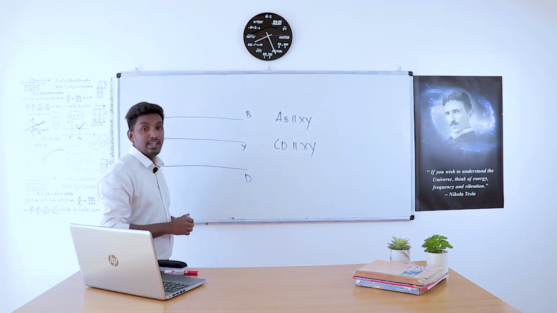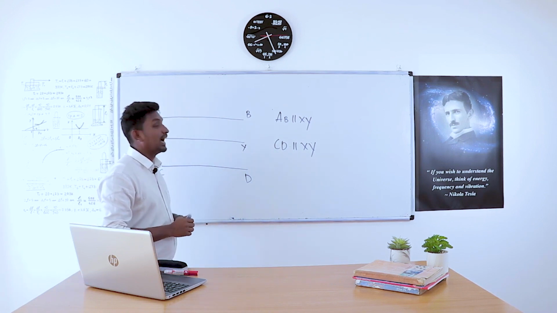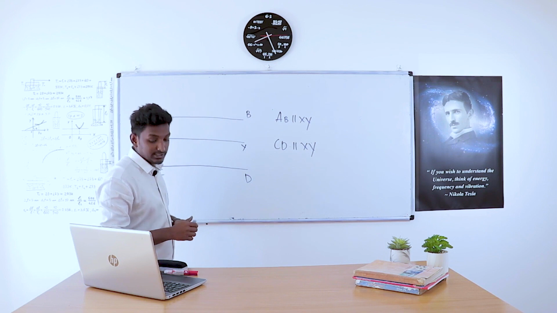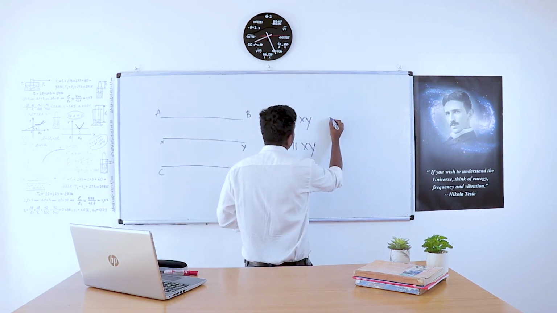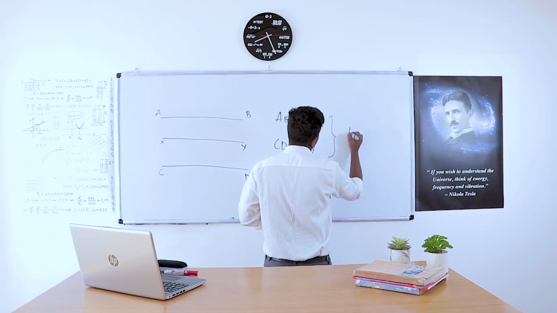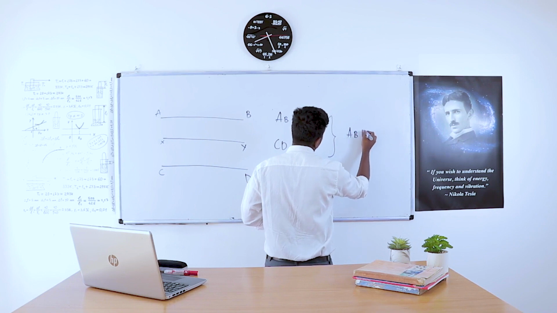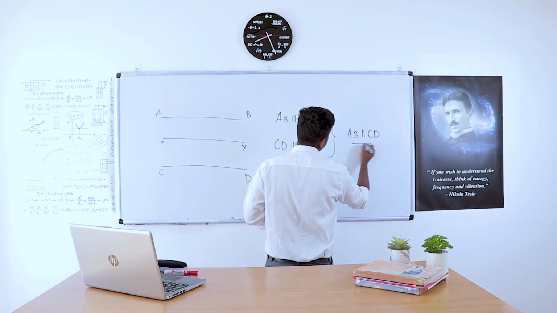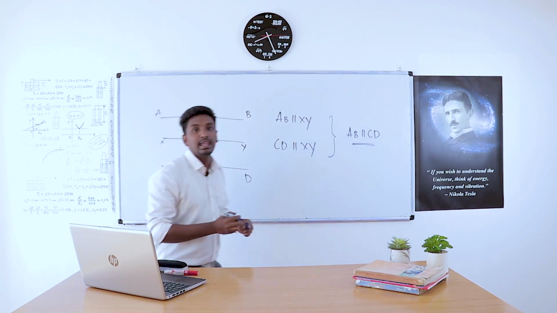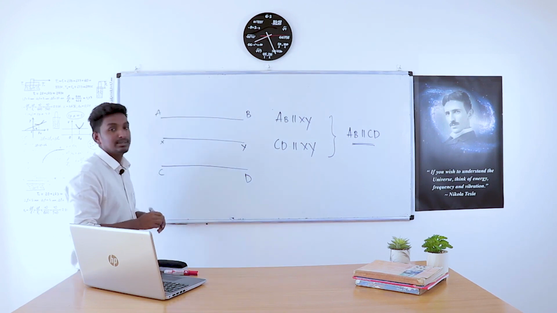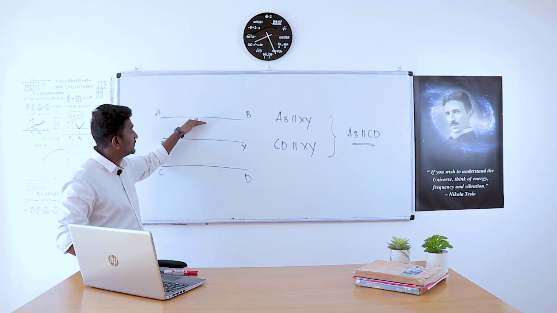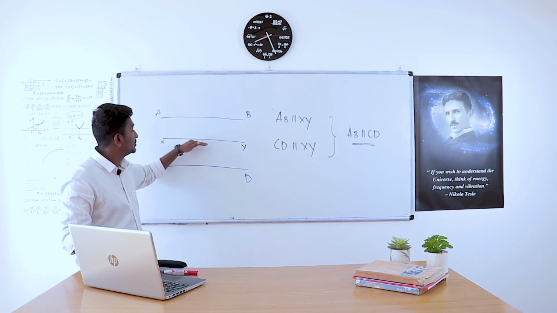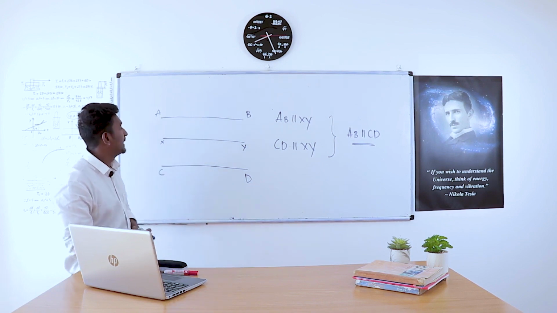That means if AB is parallel to XY and CD is parallel to the same XY, then we can say that AB is parallel to CD. Clear? If two lines are parallel to a common line, then these two lines are also parallel.